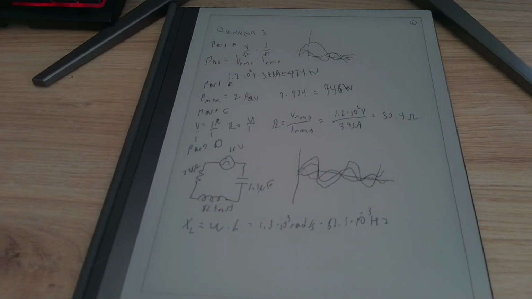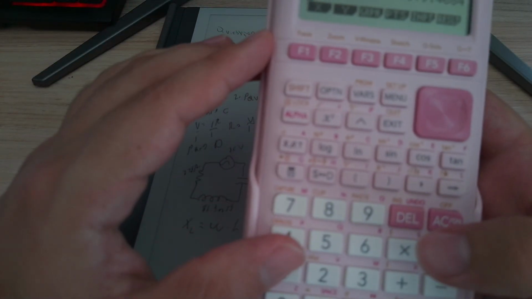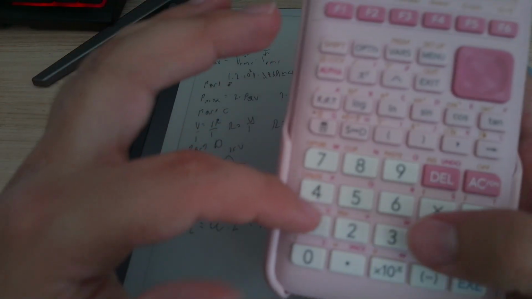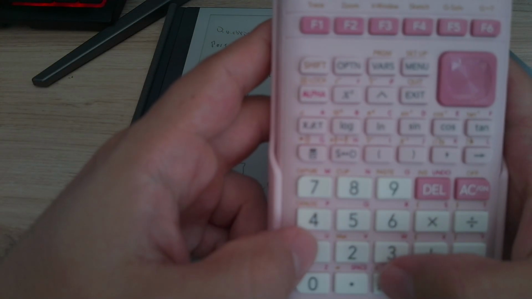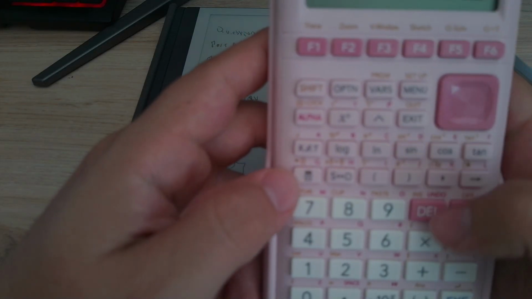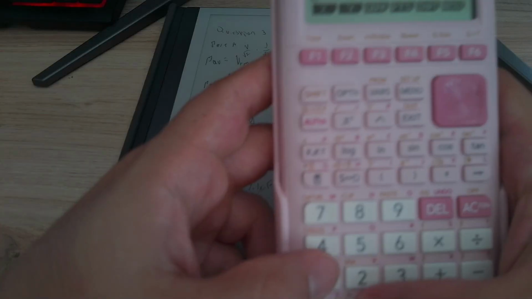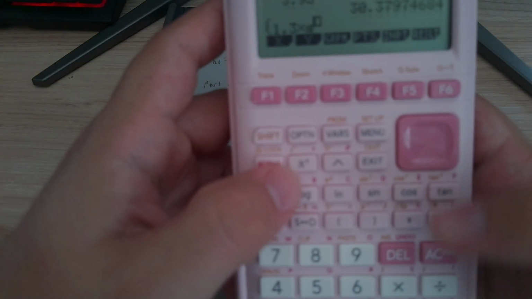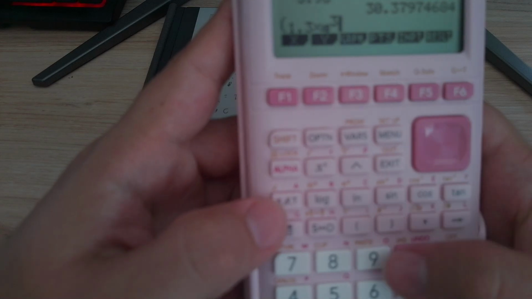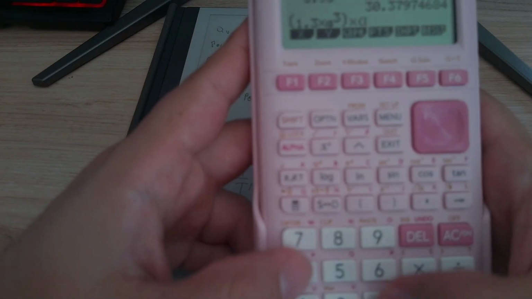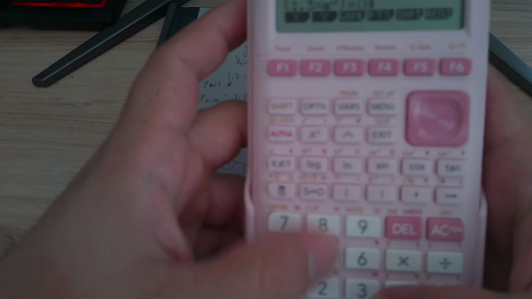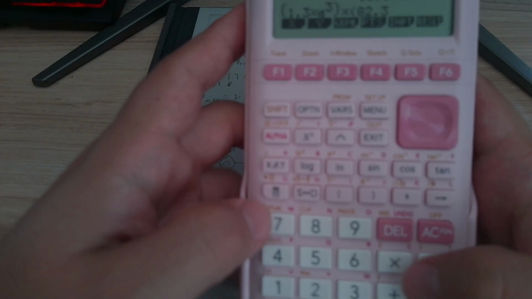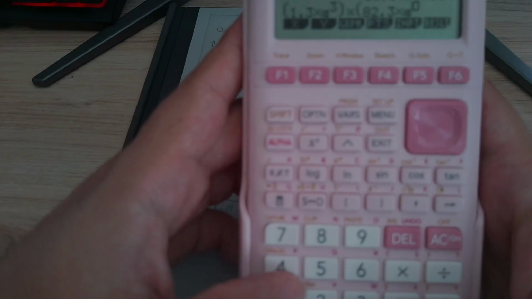So we'll multiply those two together and we'll get our inductive reactance. So 1.3, don't forget parentheses, 1.3 times 10 to the third times 82.3 times 10 to the negative 3.